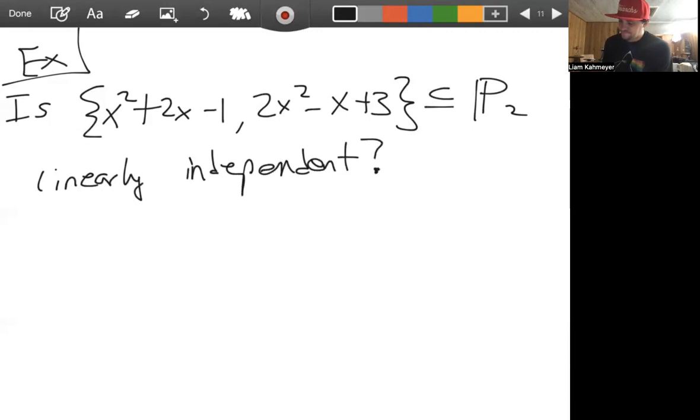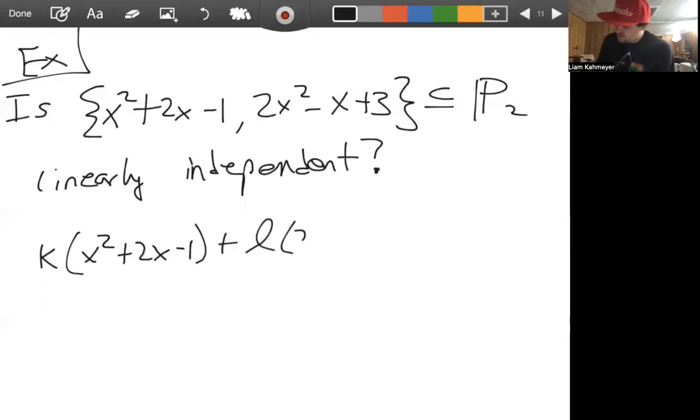We need to show that for any linear combination, k times x squared plus 2x minus 1 plus L times 2x squared minus x plus 3 equal to 0, this is only true if k and L are equal to 0.